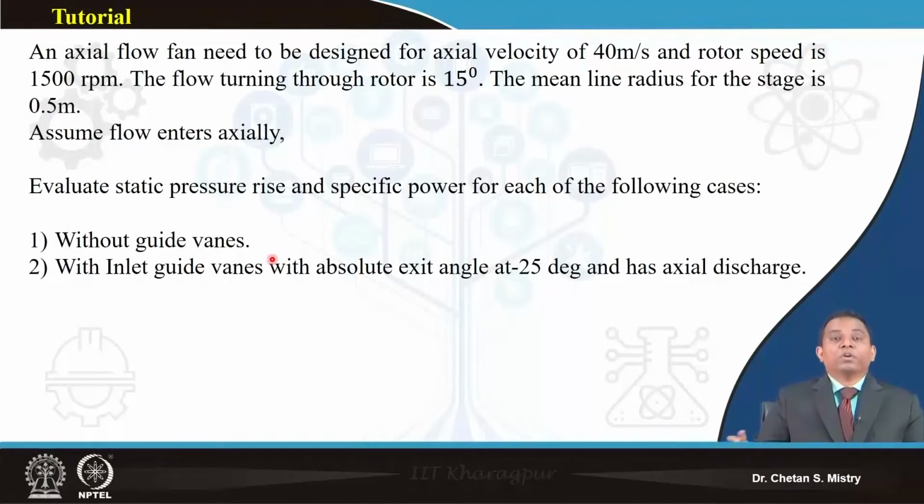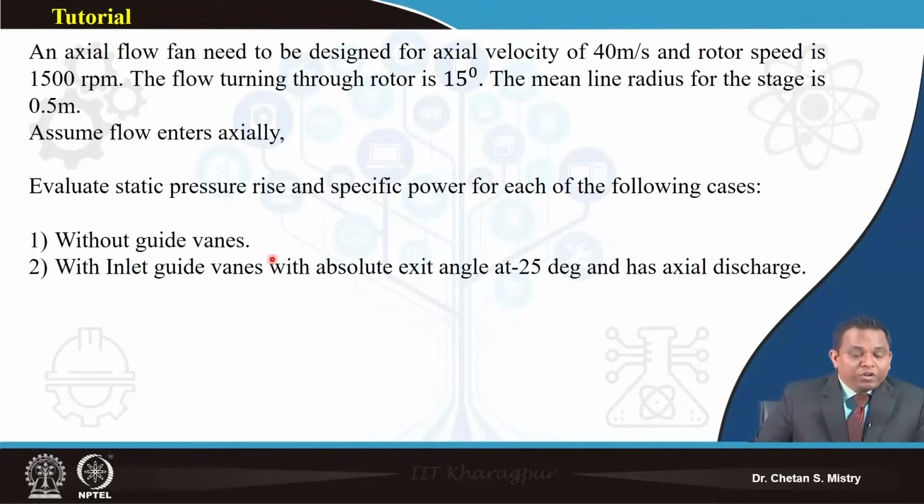Now, if you want to have an idea, let's take one tutorial which will give you an idea of what we are discussing in terms of stage configuration, and how we use that for our purpose.